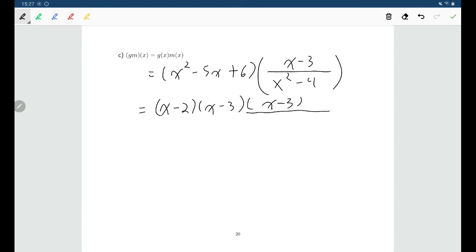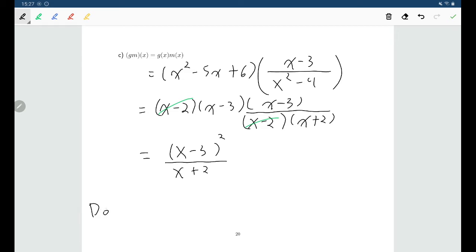And m of x, the denominator, factored as x minus 2 times x plus 2. And you can see that the x minus 2's are going to cancel just nicely here. So g times m should simplify to give me x minus 3 times x minus 3 in the numerator, and in the denominator x plus 2.